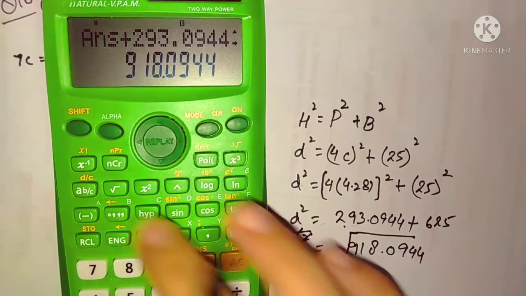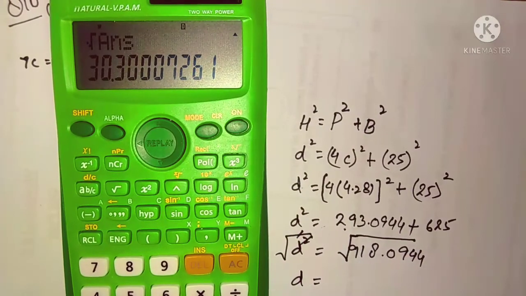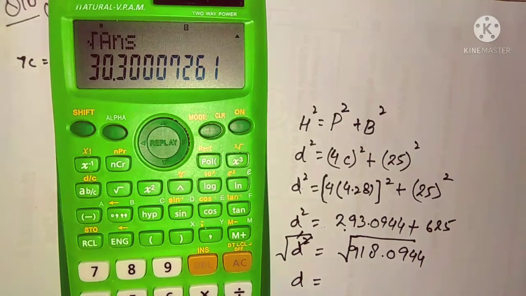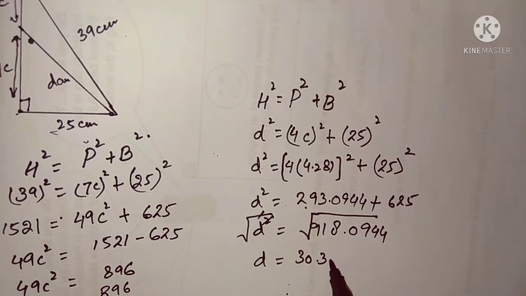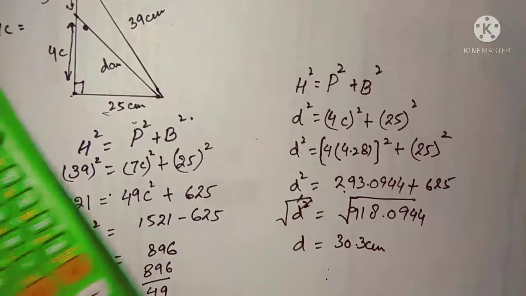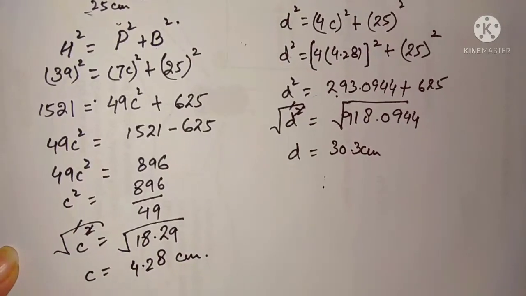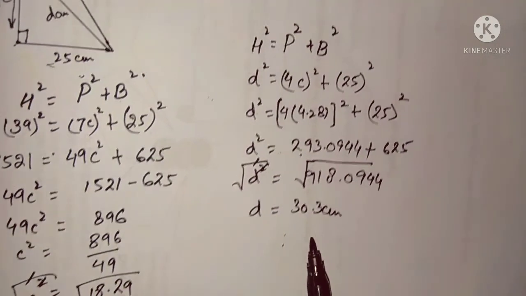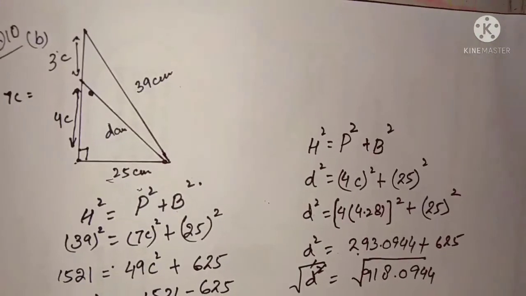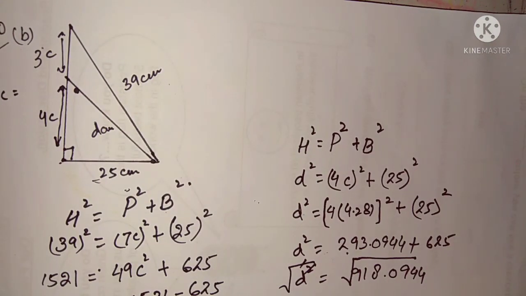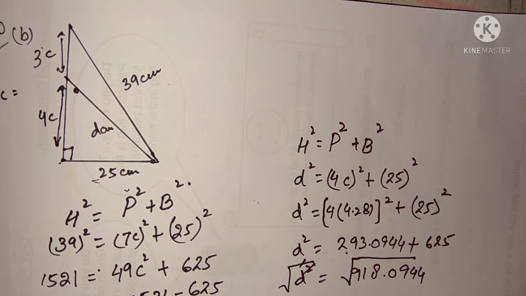So I will get 918.0944. As we have to find out the value of D, we will omit this square. So for that I will take the square root on both sides. Square and square root will cancel each other. So the value of D will be equal to 30.3. So 30.38 centimeter is your answer. So the value of c is 4.2.